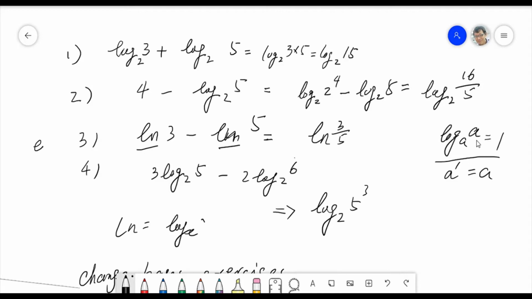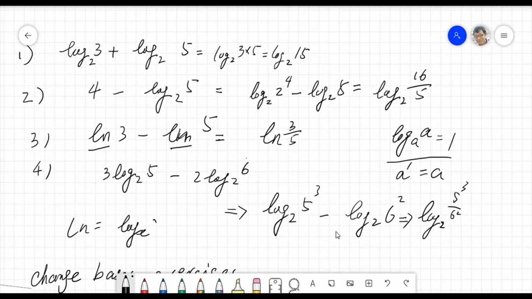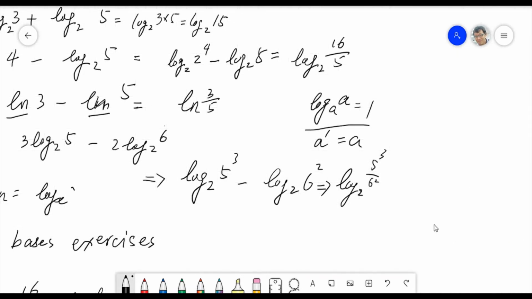Am I right? Then minus log base 2 of 6 to the square, right? And then since they have the same base, we can write it as a division. So log base 2 of 5 to the third power over 6 to the second power. Yeah, this one you can simplify a little.